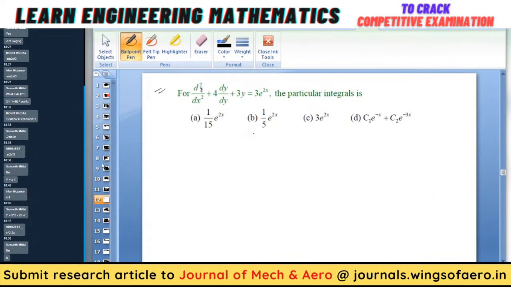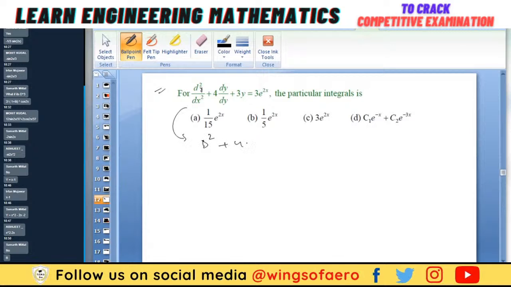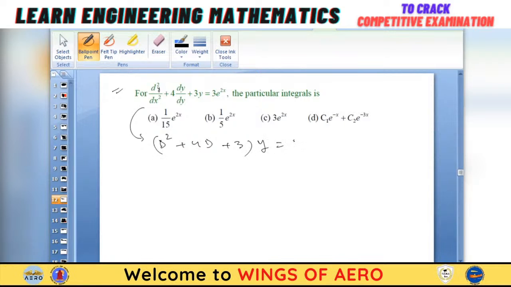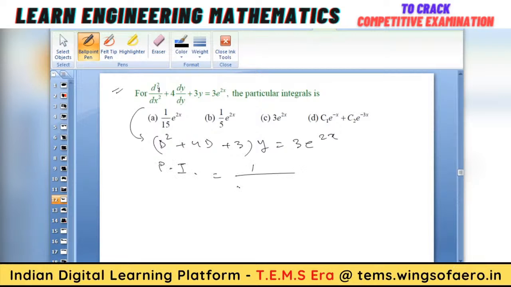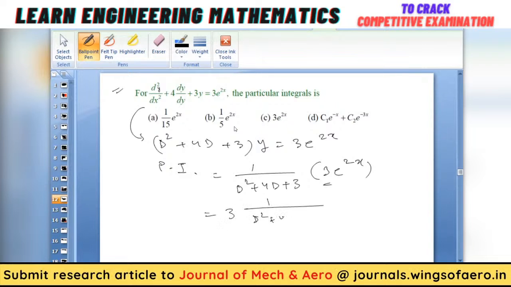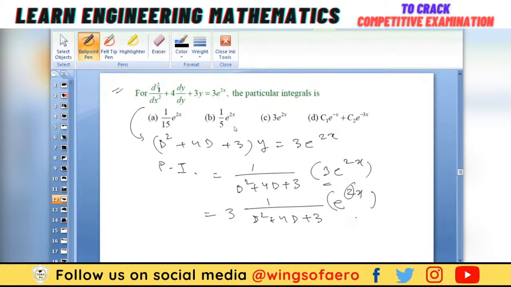Okay, everybody says b is the right answer. So just solve this: d square plus 4d plus 3. The 3 is a constant term, take it outside: 1 by d square plus 4d plus 3 of e to the power 2x. Now a is equal to 2 here, just put d equal to a.